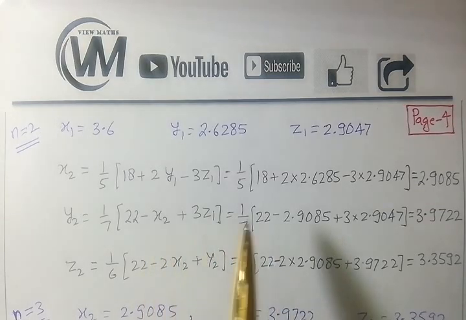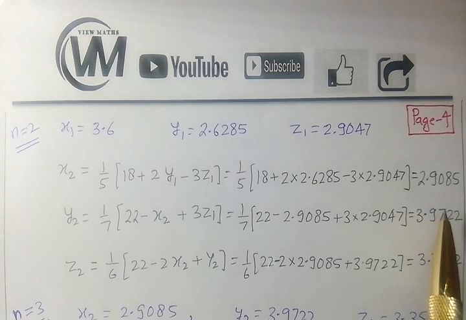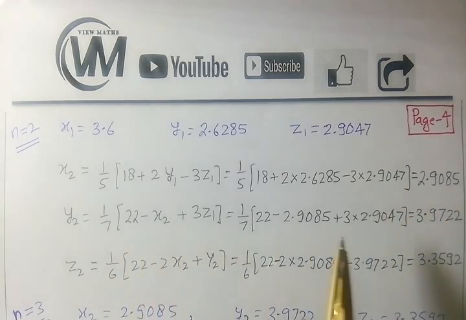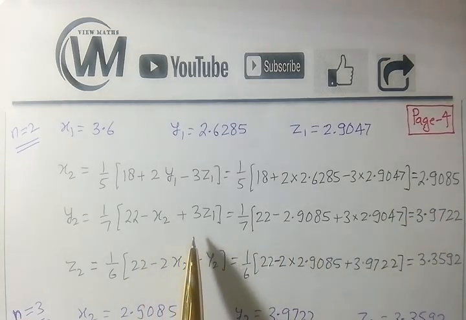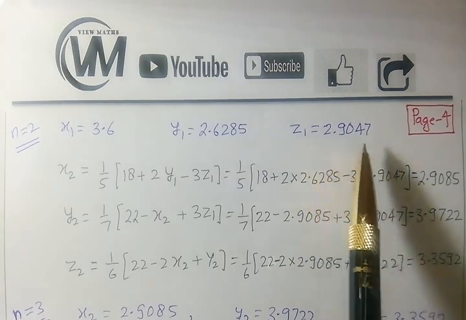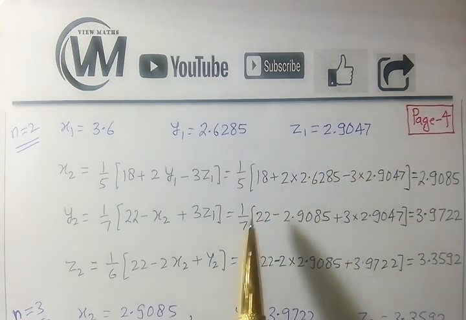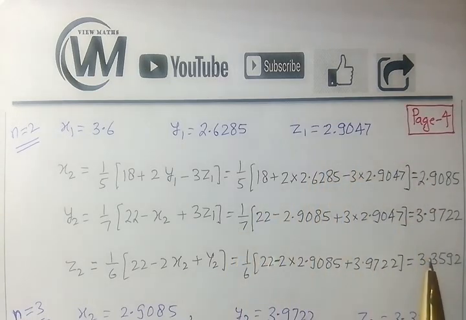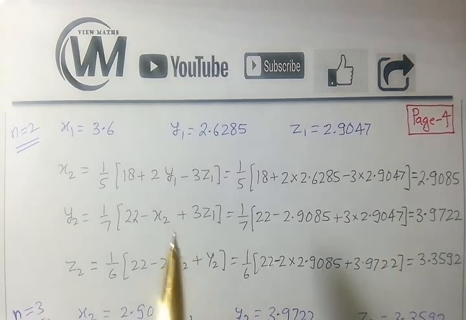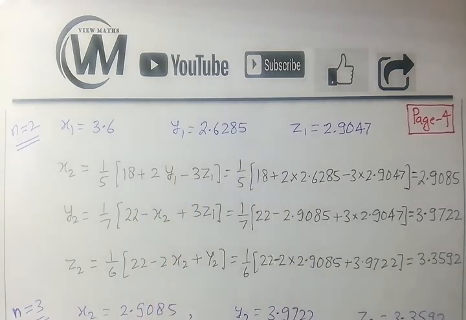So the value of x2, which is 2.9085, will be substituted here. You can see, and plus 3 z1. z1 is given here, so this is substituted. And calculating this part, it comes as 3.9722. Now x2 and y2 are known to you. So in z2, we'll be using x2 and y2. x1 and y1 are out of the picture now.